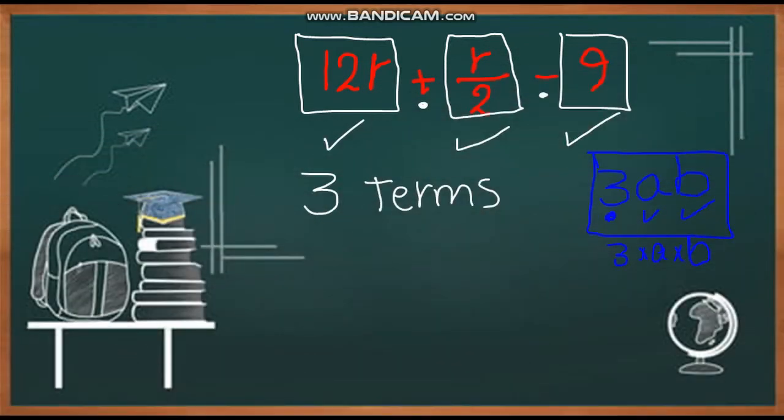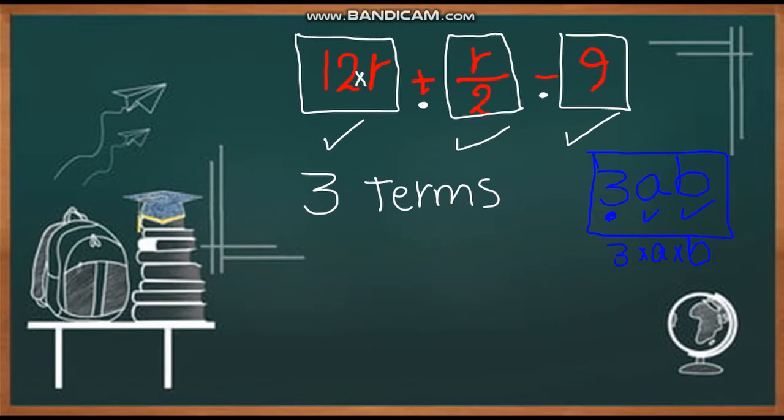After you identify the meaning of terms, do you know which term of the expression is a product of two factors? Before answering this question, we have to know where the multiplication operation is, in which term. So here we have a multiplication operation, 12 times r.